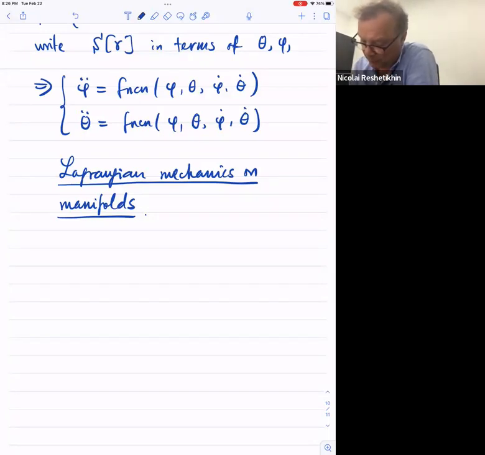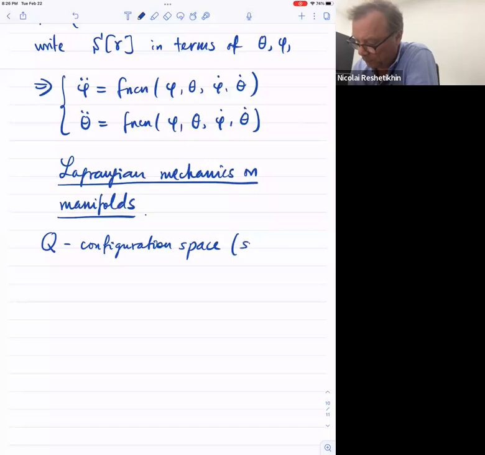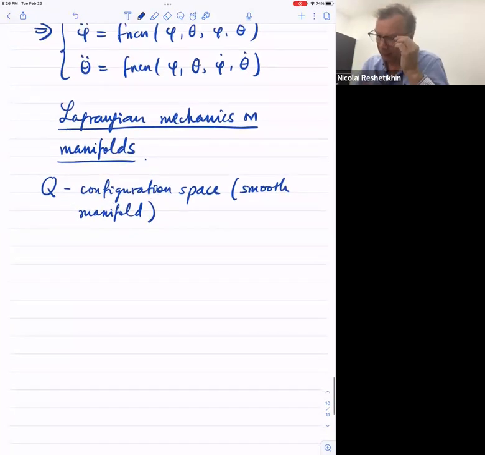And the main hero here is the configuration space Q. So we assume that it's a smooth manifold. I will recall the definition. Let's assume that it's an n-dimensional smooth manifold.